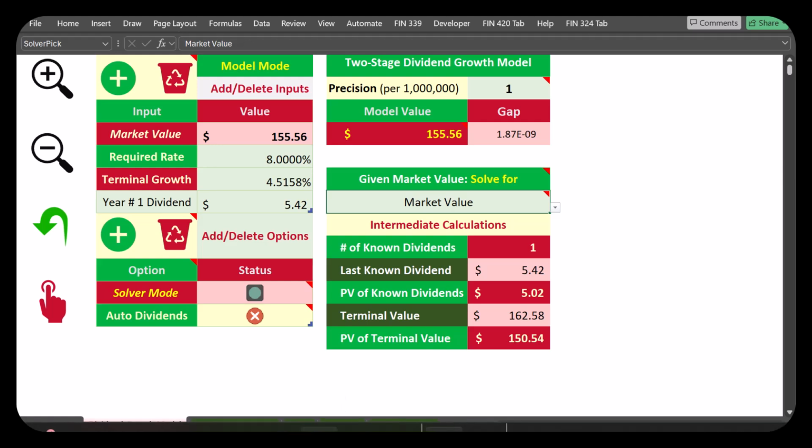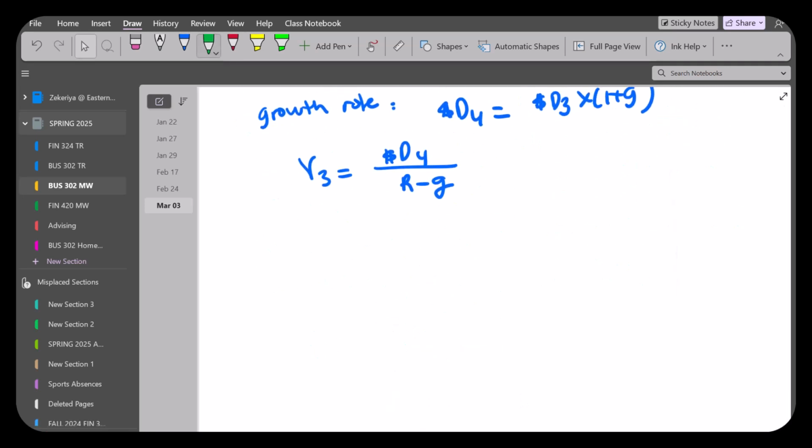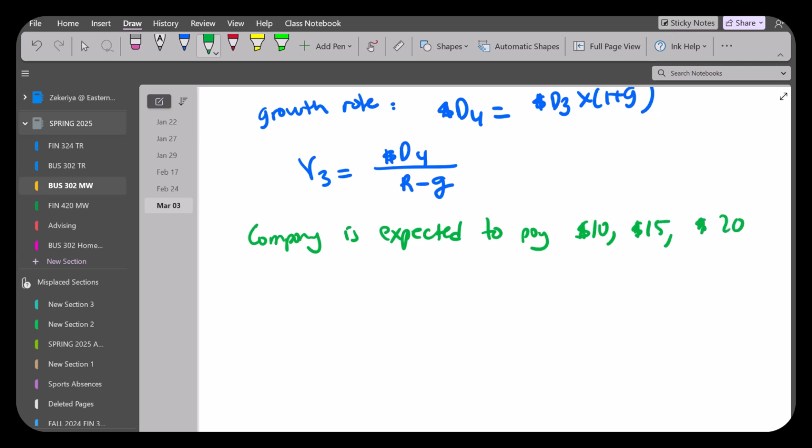Now, let's do an example. The company is expected to pay $10, $15, $20 in the next 3 years, and grow at a rate of 5% after that.